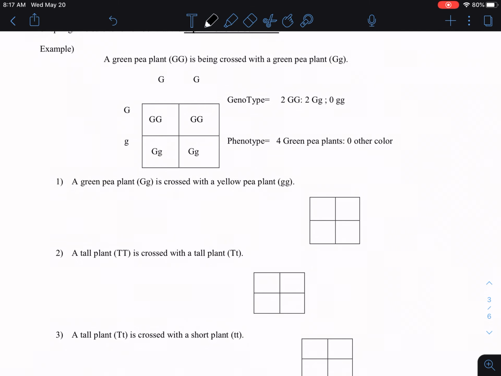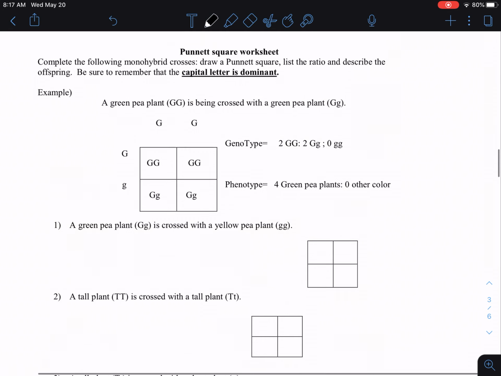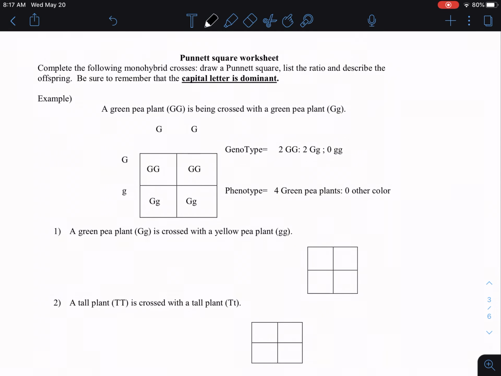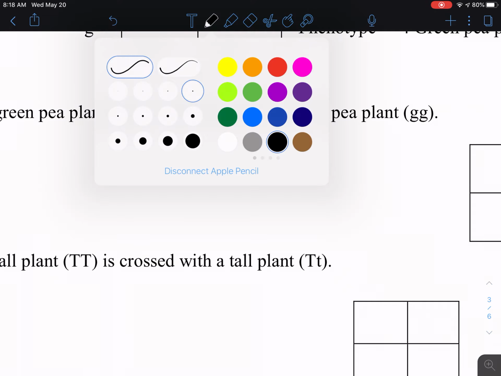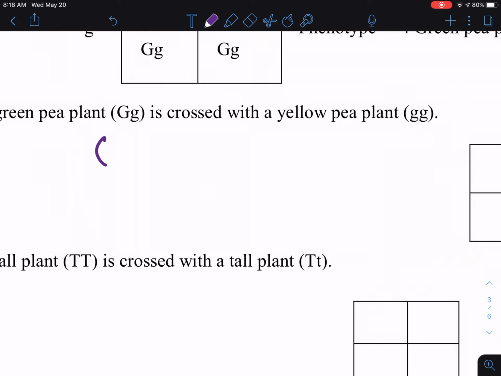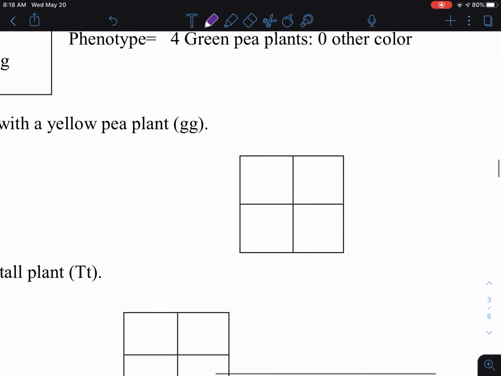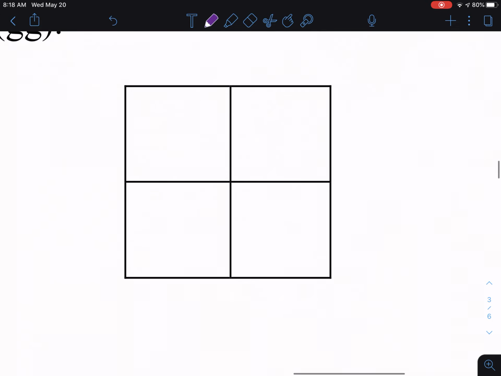So it says we have a green pea plant crossed with a yellow pea plant. So green is the big G right here, and that's a dominant trait, and yellow is the little g, and that's a recessive trait. So we have big G crossed with little g. Okay, so let's put it in our box. We have big G crossed with little g.